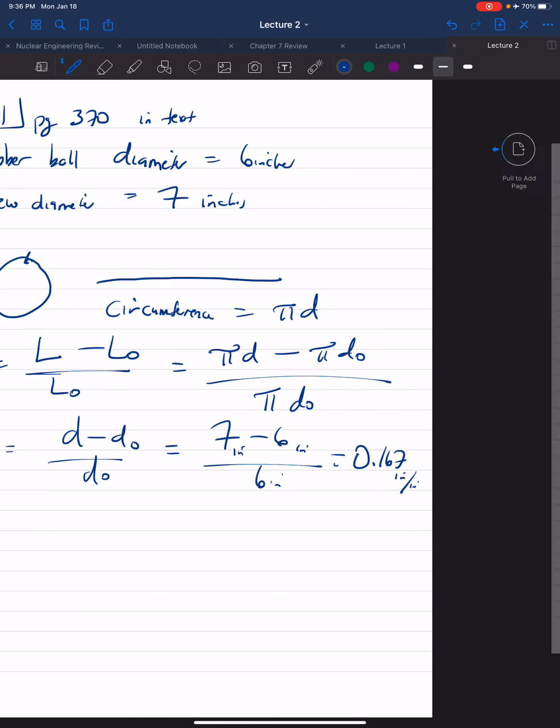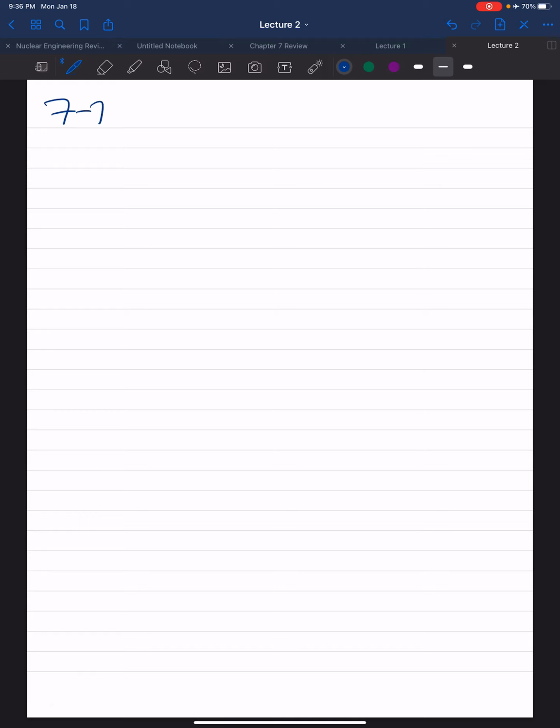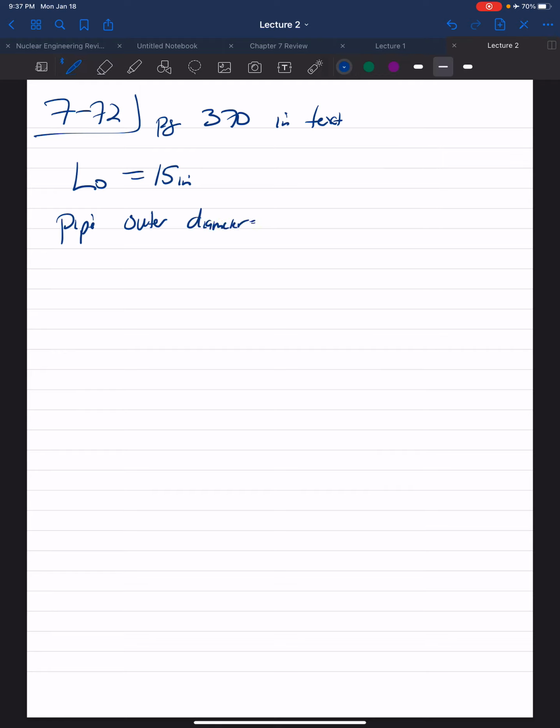Take a look at another problem. It's page 370 in your text. It says a thin strip of rubber, unstretched length, so it's your L sub o, 15 inches. If it is stretched around a pipe having an outer diameter of 5 inches, determine the average normal strain in the strip.